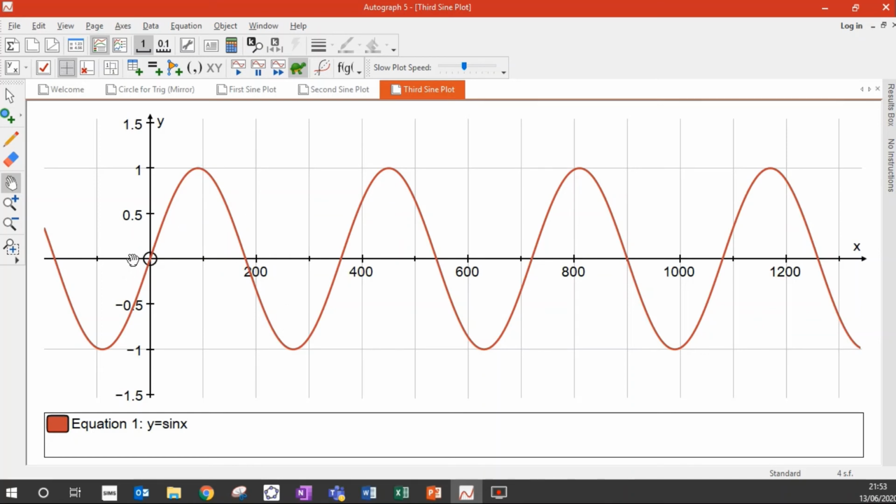The key things to notice are the period, the fact that it's going every 360 degrees, but also the maximum and minimum. You'll notice that the graph never goes beyond 1 and it never goes beyond -1. The most that sine of something can be is 1, and the absolute least that sine of something can be is -1.